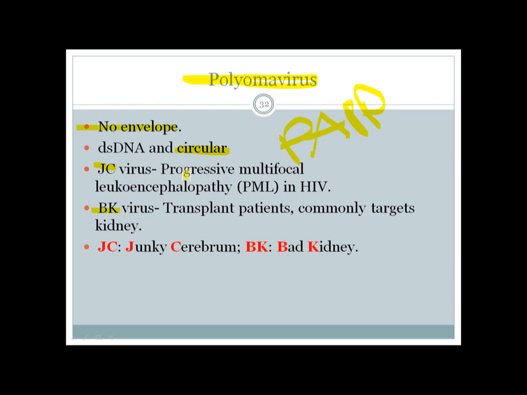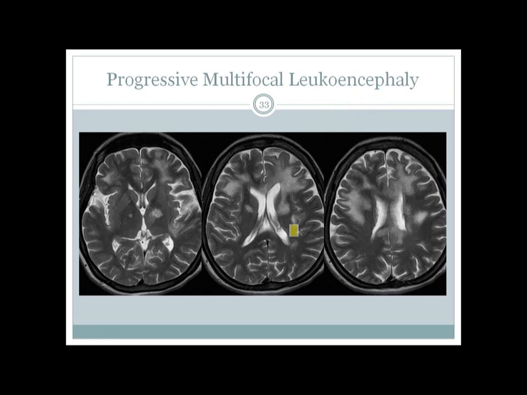JC virus causes progressive multifocal leukoencephalopathy or PML in HIV patients. The BK virus infects patients who are having a transplant, especially a kidney transplant, or a transplant of other organs, but later it infects the kidney. So the JC virus will cause a junky cerebrum, meaning the PML, and the BK virus will cause a bad kidney in a transplant patient.